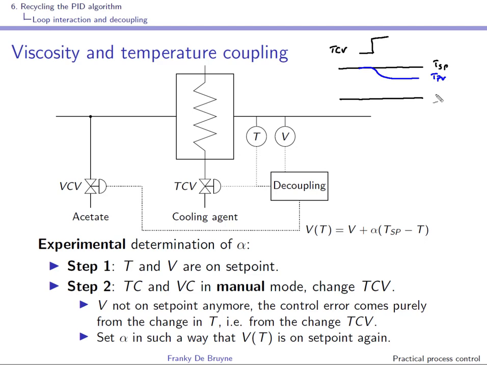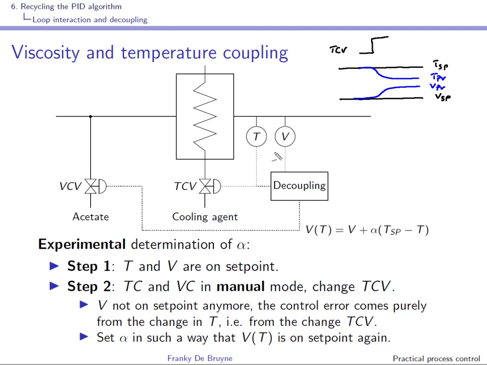Of course, the viscosity was also on set point, but since the temperature is dropping, the viscosity of the product will increase. And in a steady state it will also settle out to some value VPV.